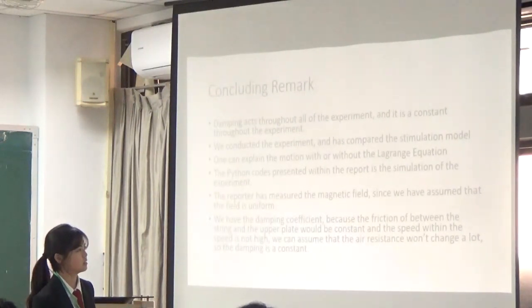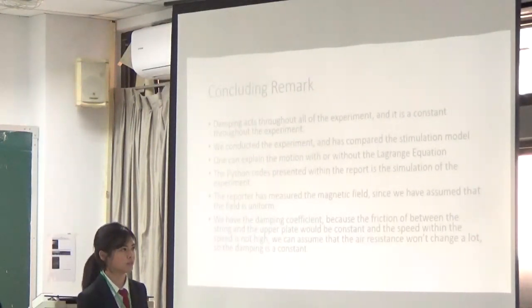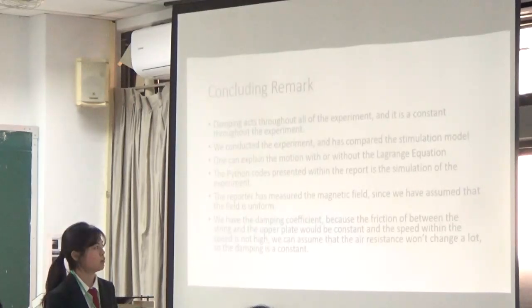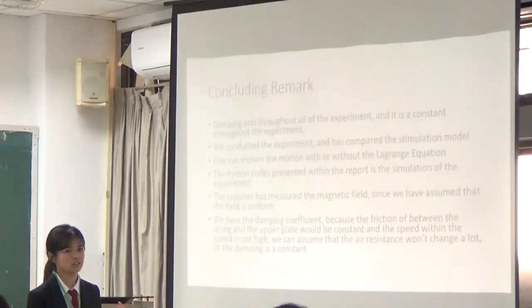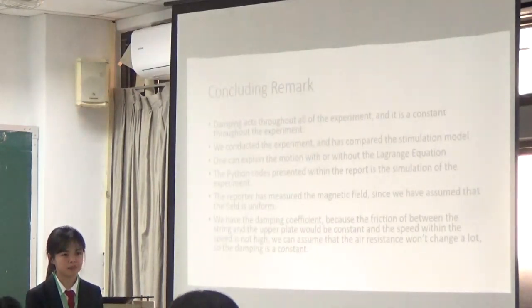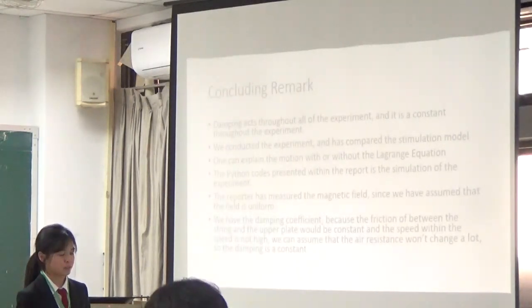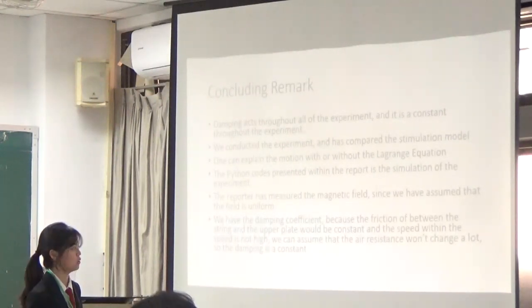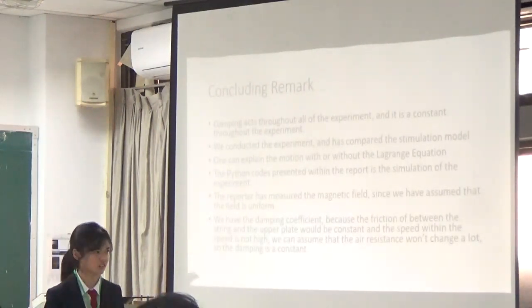Because of the damping coefficient, the friction between the string and the upper plate would be constant, and the speed within the system won't be very high, so the air resistance will not have a significant change. So the damping force, we assume, will be constant.